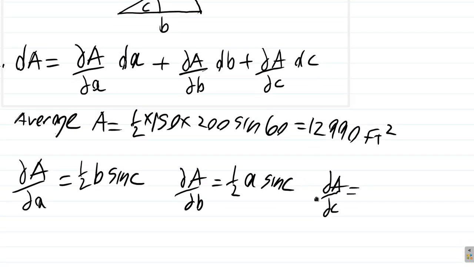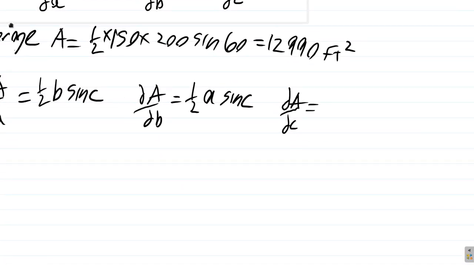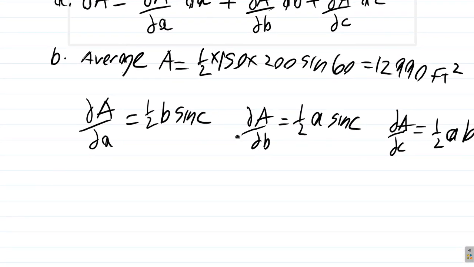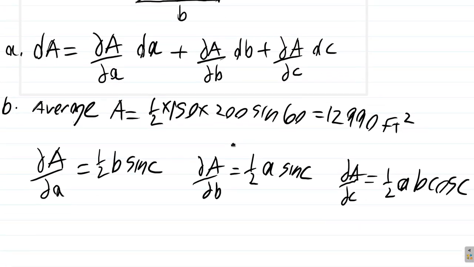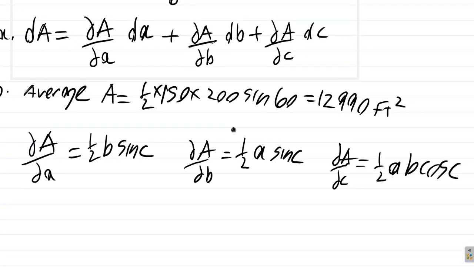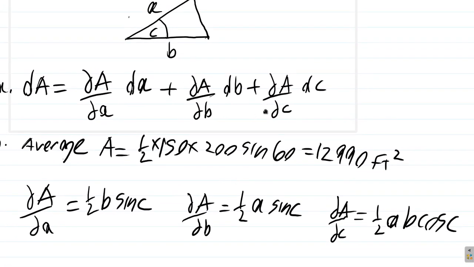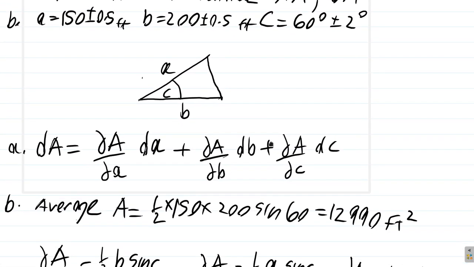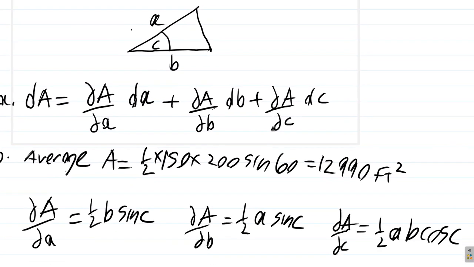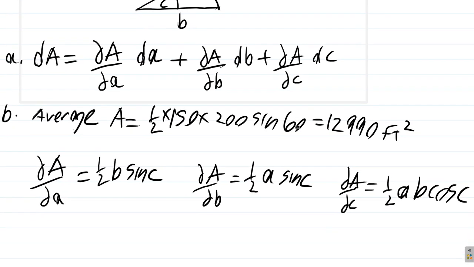So it's going to be half ab cos C. Now, the thing is, when you work out any small change in the value, your angle must be in radians.